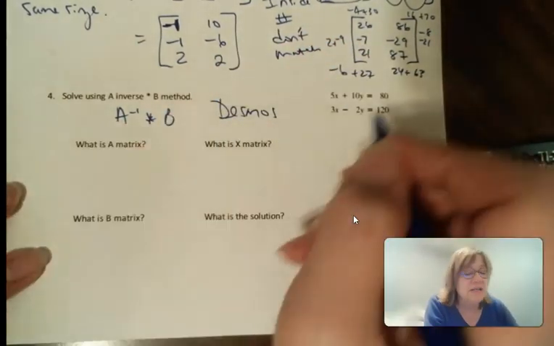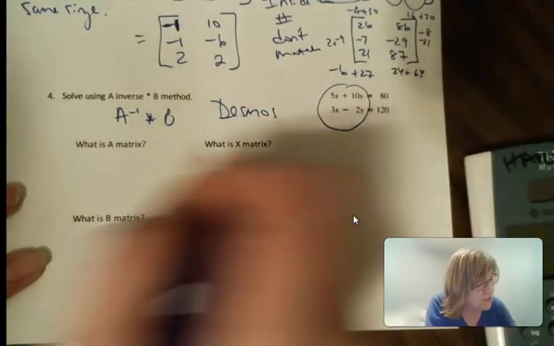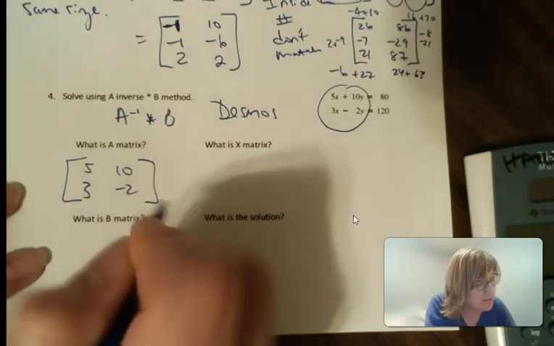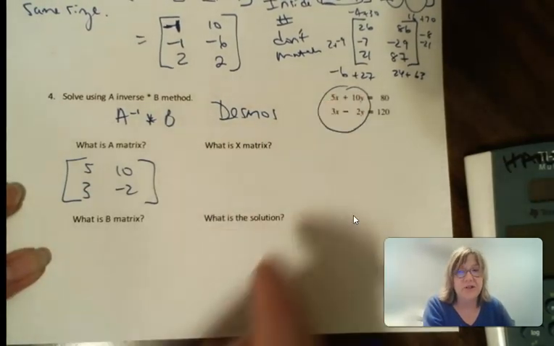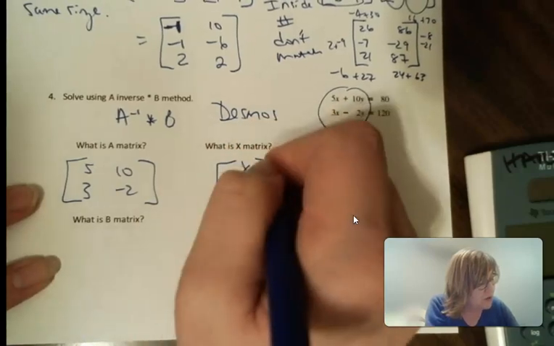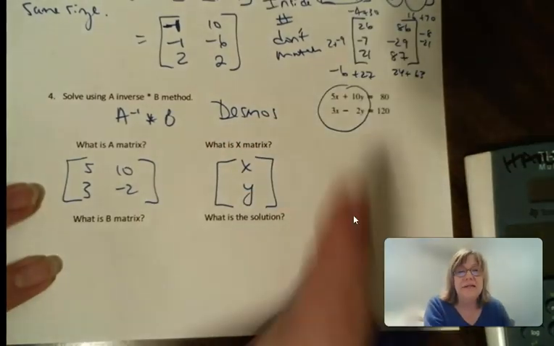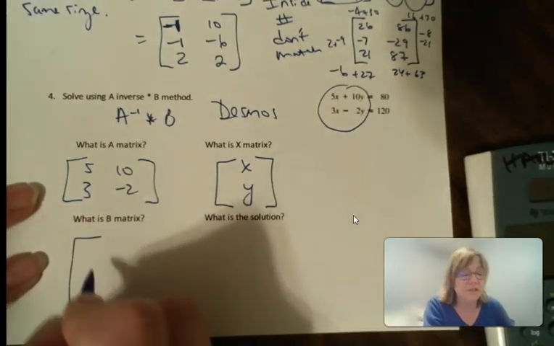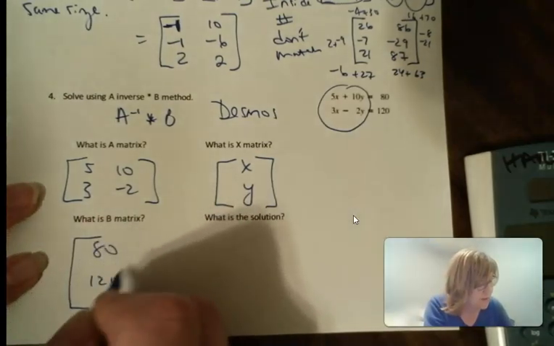The A matrix is your coefficient matrix. It's the 5, 3, 10, negative 2. That is the numbers in front. That's called the coefficient matrix. The variable matrix are your X and your Y. And then the other side, I guess I could have put B over here, but the B matrix is like your totals, right?